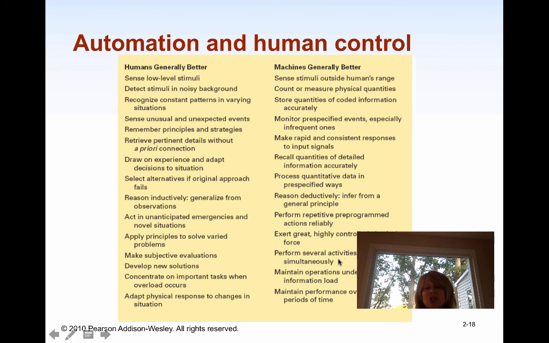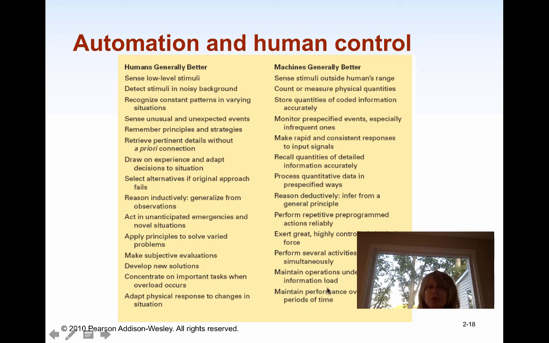Computers are able to do several tasks simultaneously. People sort of can do several tasks simultaneously. We multitask, but our multitasking means that something else is being put to the side. We concentrate on important tasks when overload occurs. The computer doesn't know what is more important than something else.